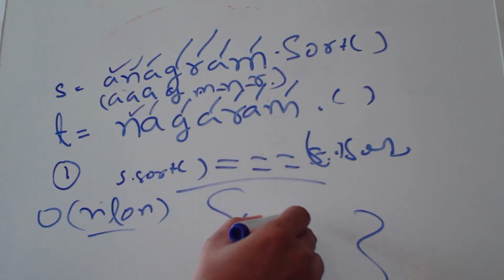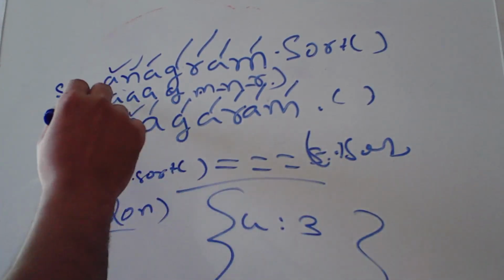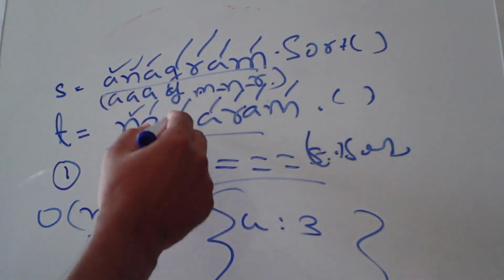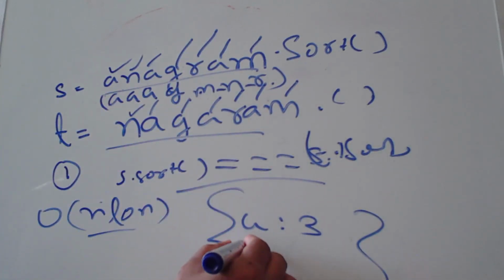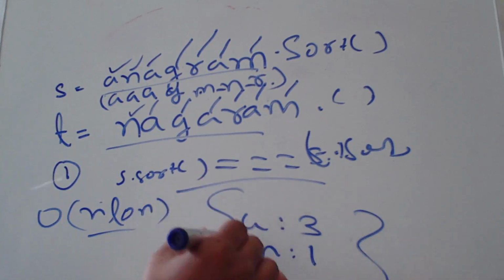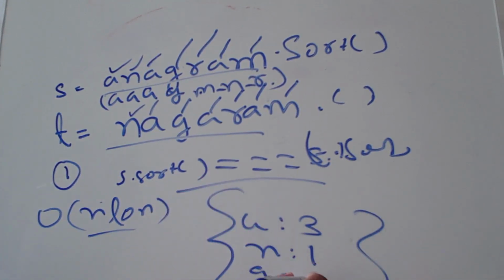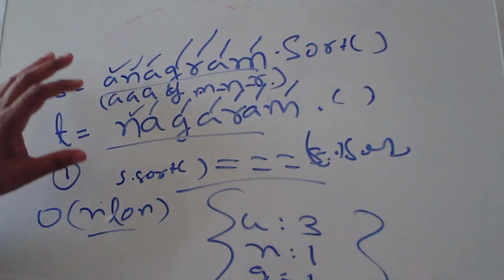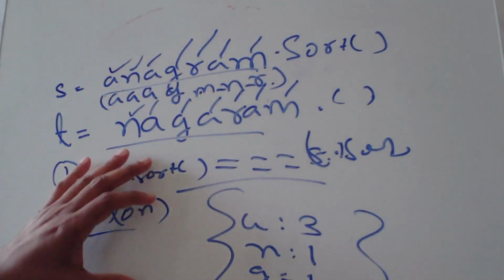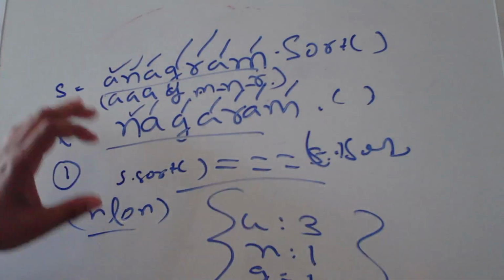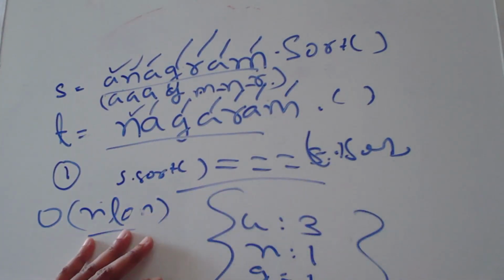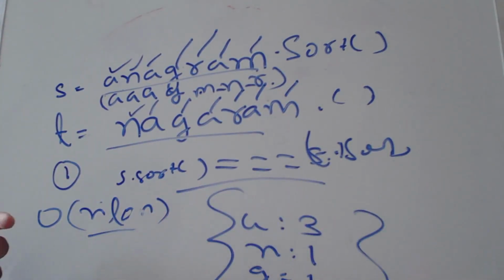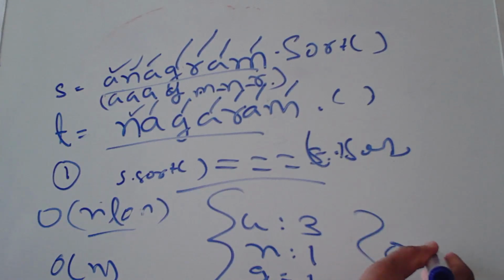So at the end, a will become 3, right, and n will become 1, g will become 1, and so on, right? So for both the strings, we're gonna create our occurrence hash map, and it will take O(n). Space will be O(n) plus O(n), right?